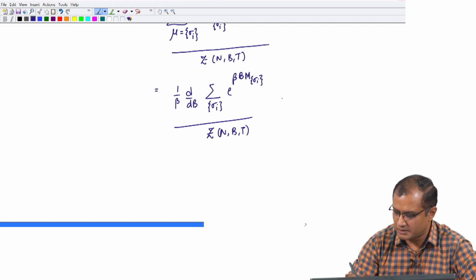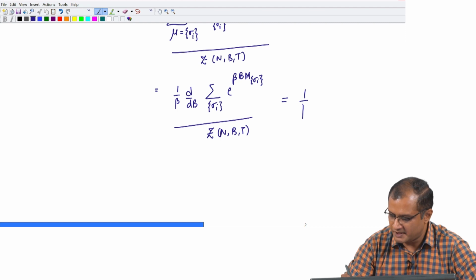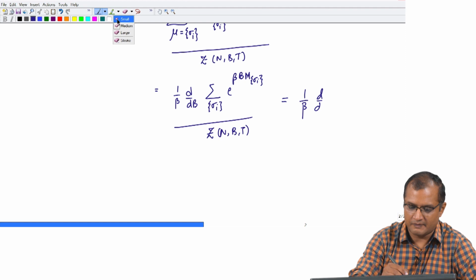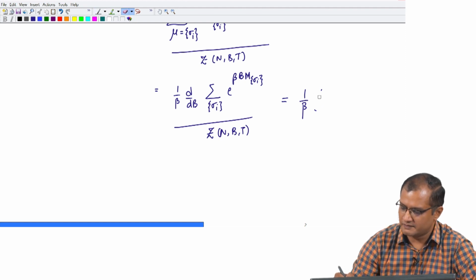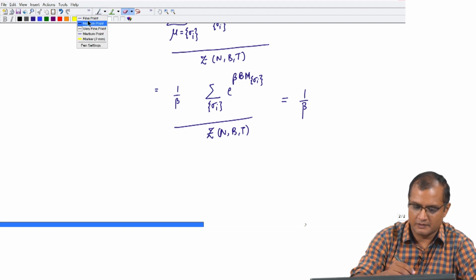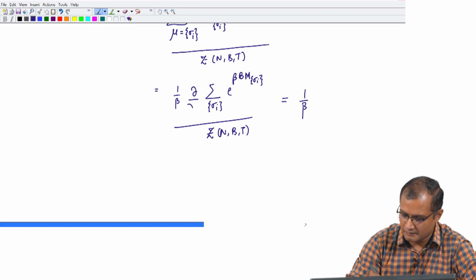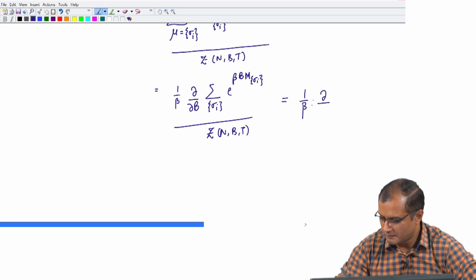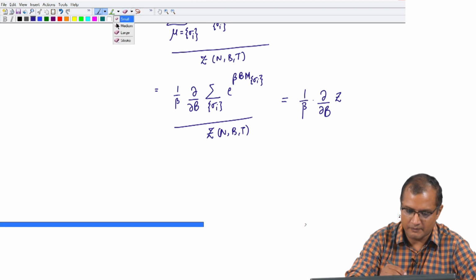So, this is nothing but 1 upon beta d by dB, this is not a complete derivative, and you got a beta Z in the denominator.